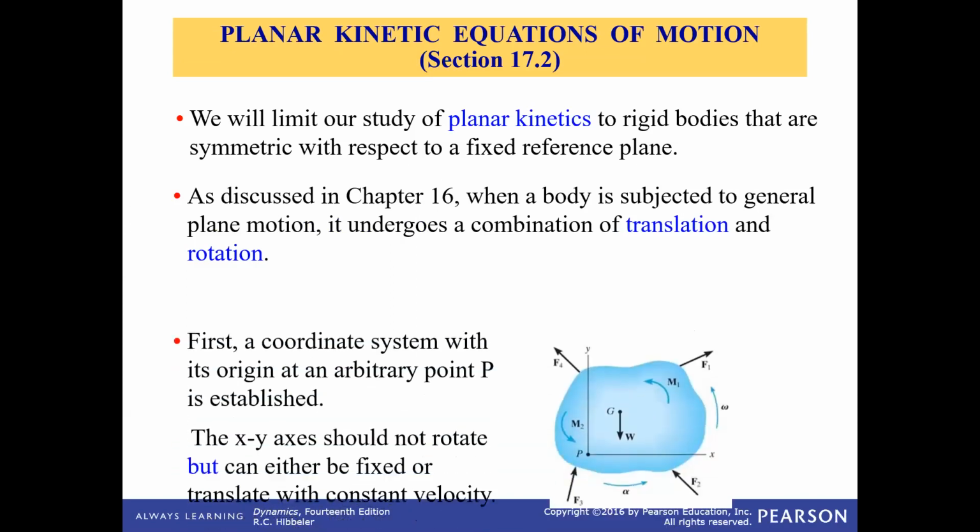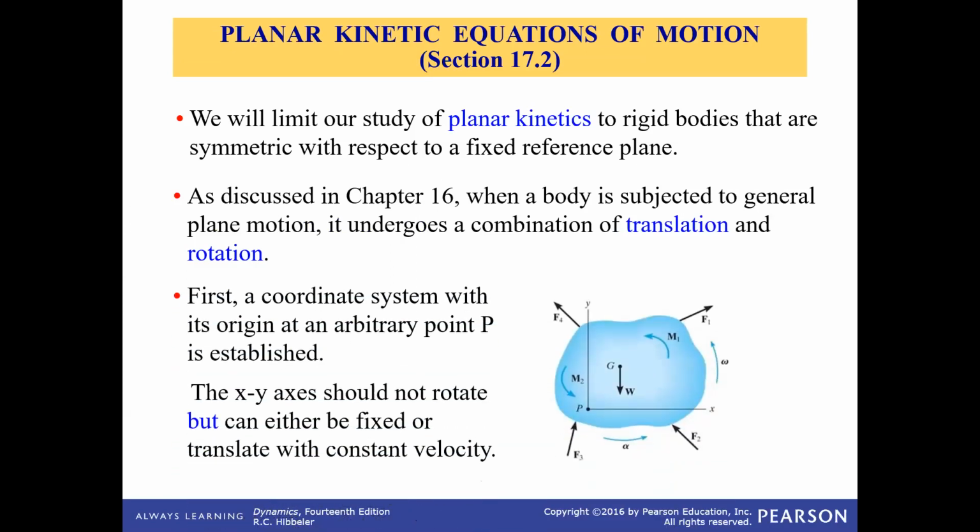Imagine you have an object, this guy here in the figure. If there are several forces on the object acting at different locations, there's a possibility that it might be rotating due to all these forces. You can look at the net force coming from these four forces.